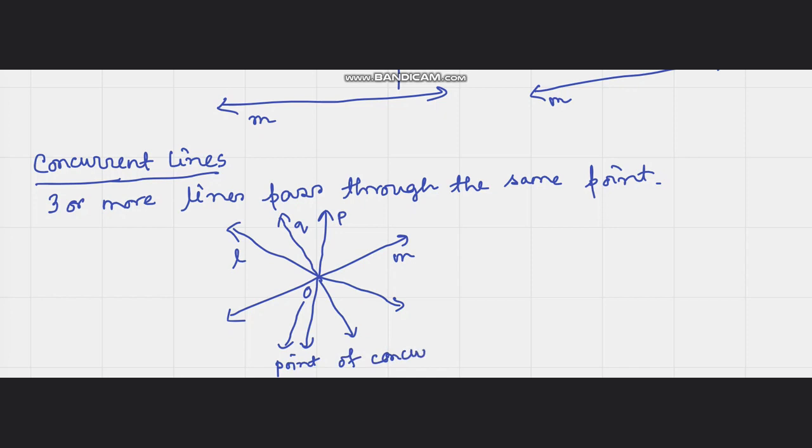In this point all the lines are meeting. So these are concurrent lines.